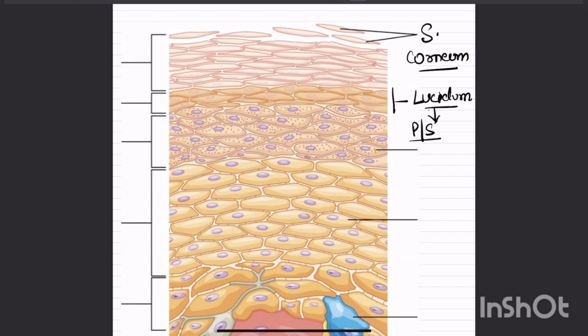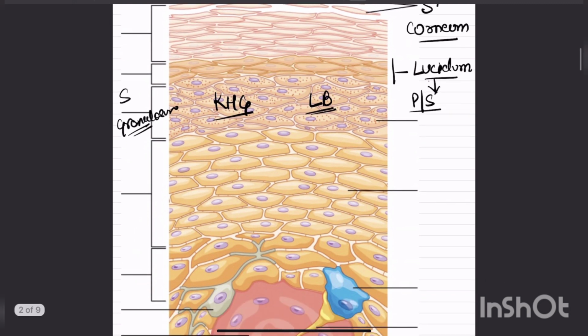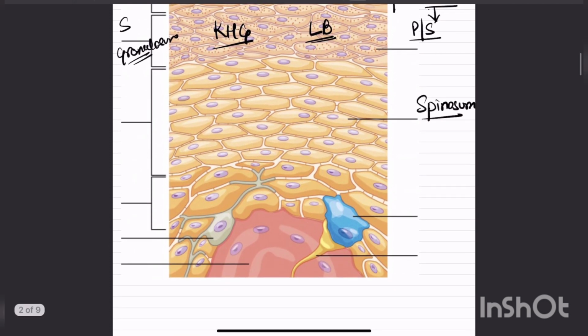Now, stratum granulosum. It is composed of keratohyaline granules, thus giving its name. It has got another important body known as lamellar body. Below it we have stratum spinosum, also known as prickle cell layer. It is known as spinosum because of the spinous processes because of desmosomes.